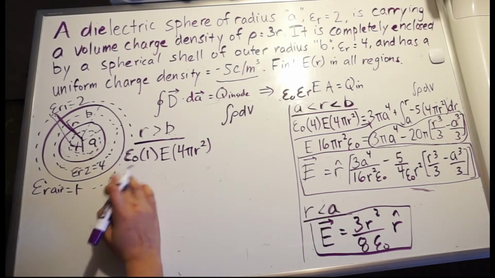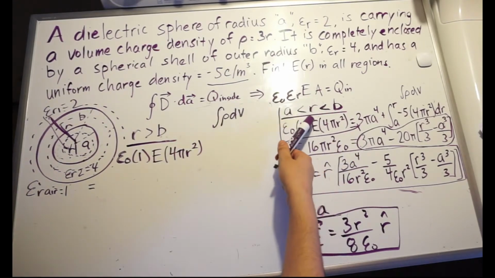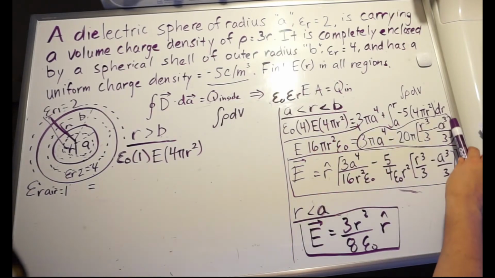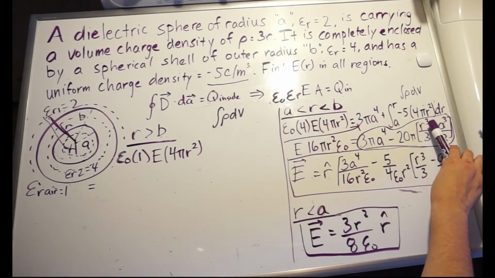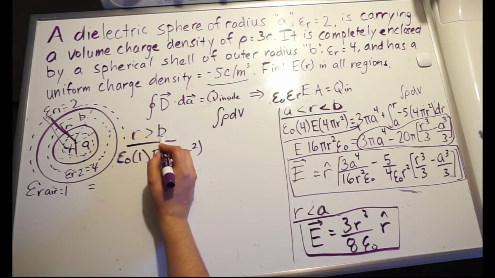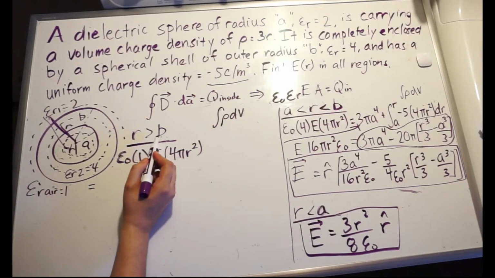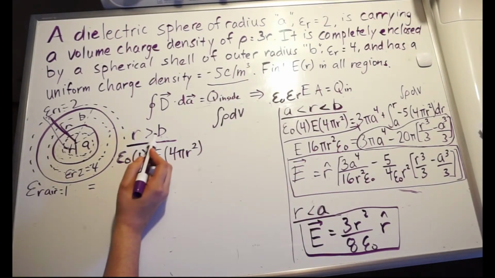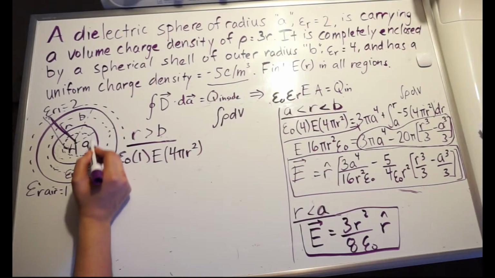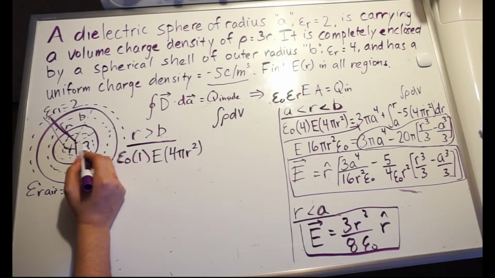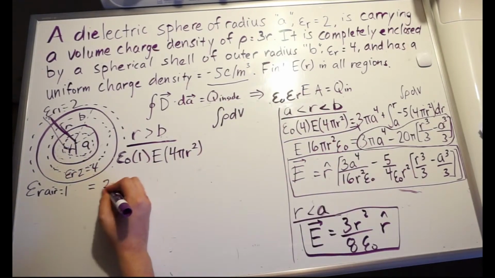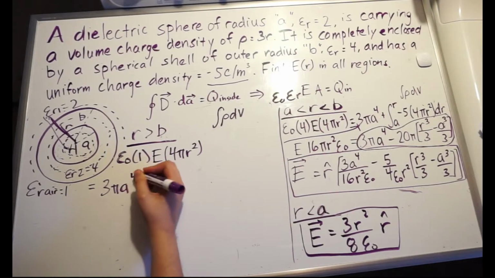This is equal to, well, like how we did when r was between A and B, we're going to look at this here. This was Qn, but remember this is in terms of r. We don't want this in terms of r because we know that r is greater than B. So the total charge enclosed when r is greater than B is going to be the charge inside the first shell, which has a radius a, so that's 3 pi a to the 4.